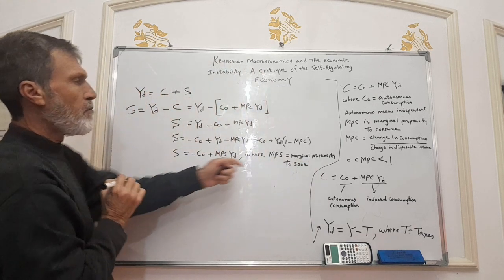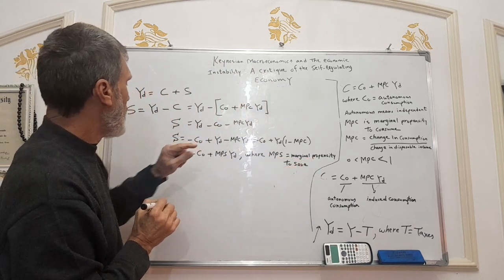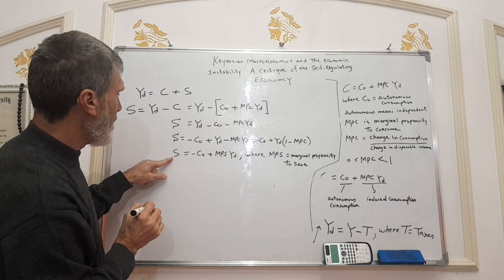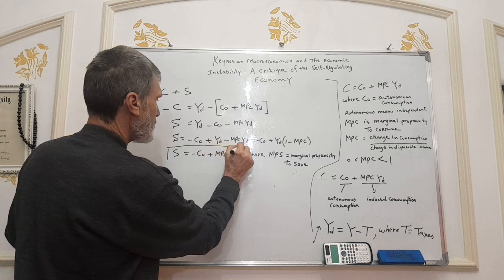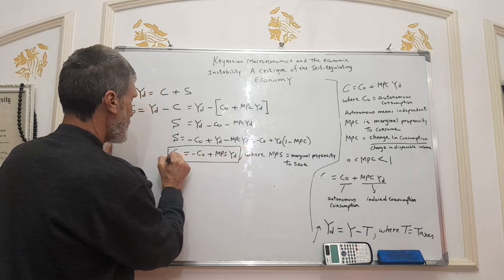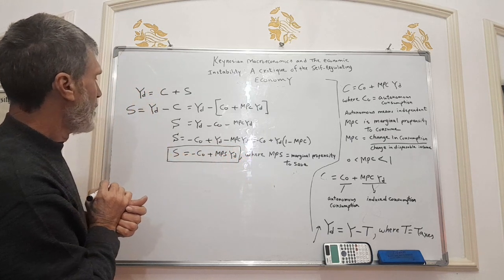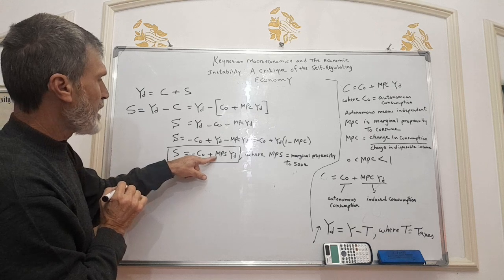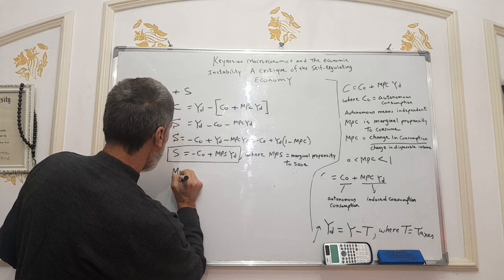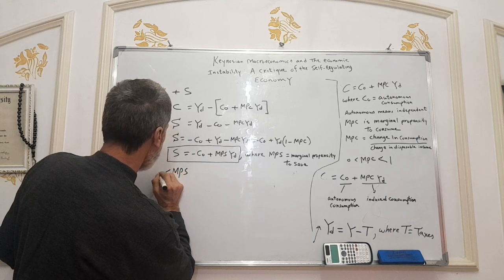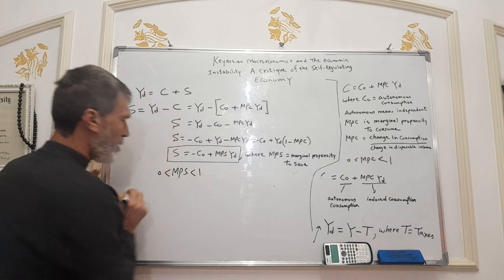Okay, MPS, marginal propensity to save. So the formula of saving is going to equal what? This is the formula of saving: minus C0 plus MPS YD. MPS is between 0 and 1.